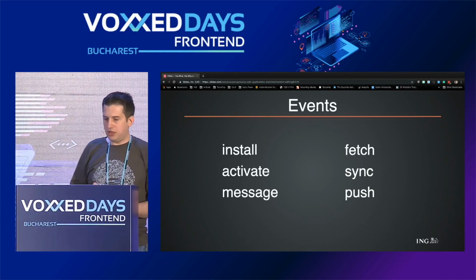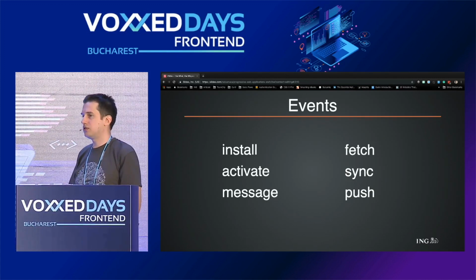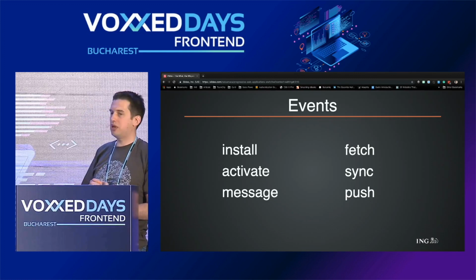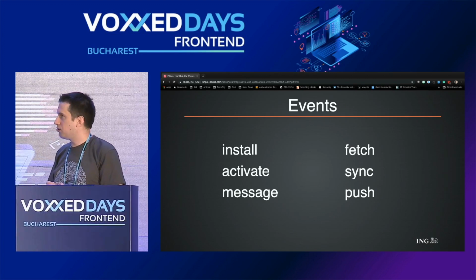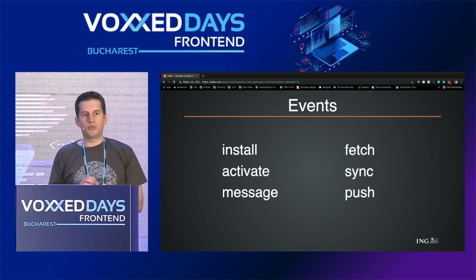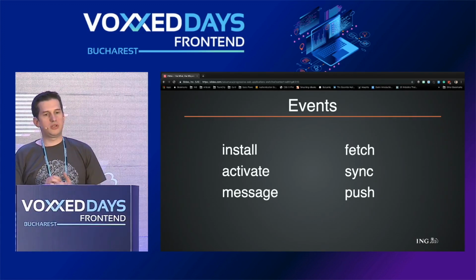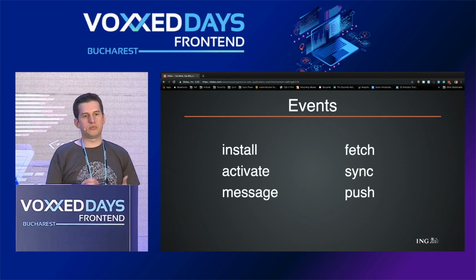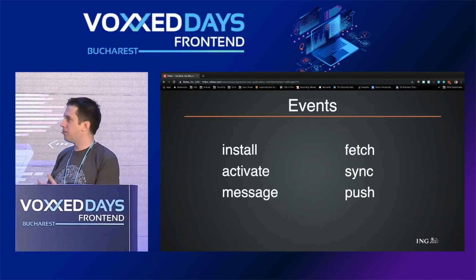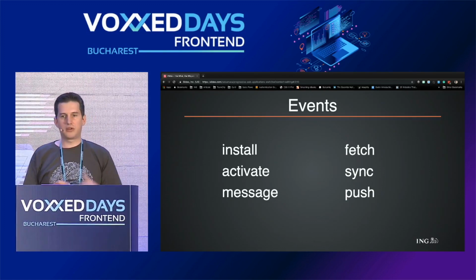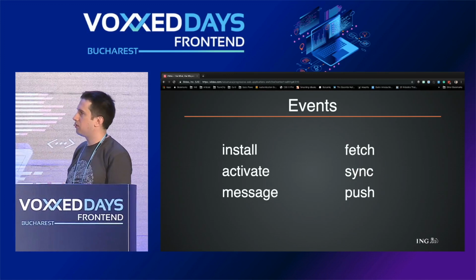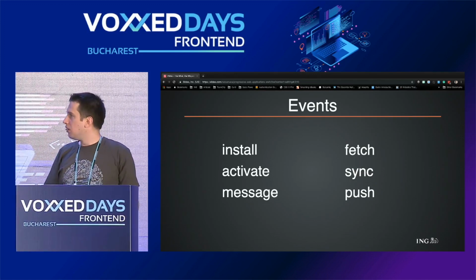Fetch is for every resource fetch that your browser does, also for your API calls. The thing here is that if you want to catch API calls, you have to do them with the fetch API and not with XML HTTP requests. So if you use a library like Axios that has XML HTTP requests behind, you cannot cache those.